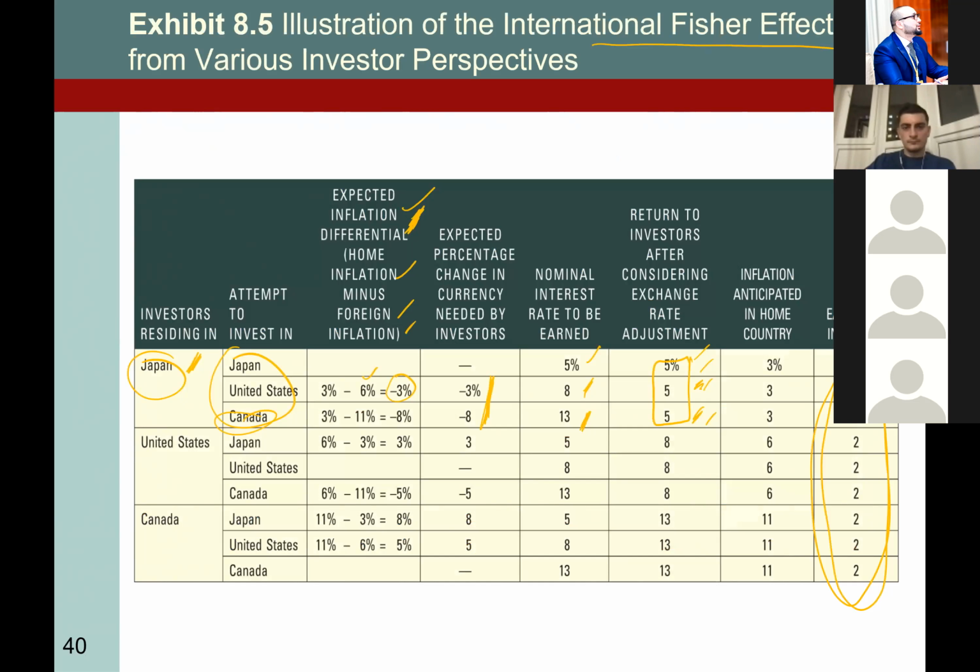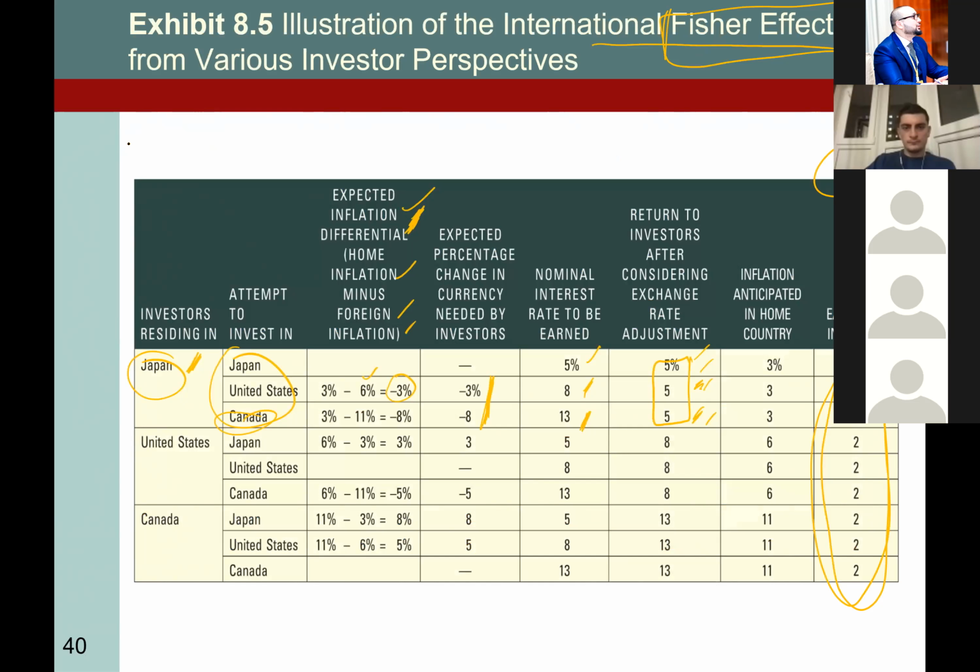So if you see that the real interest rate is the same all over the world, then you can believe in the international Fisher effect and PPP. If real interest rate is higher, then you can just follow interest rate parity, and it says that the higher the interest, the currency will appreciate.